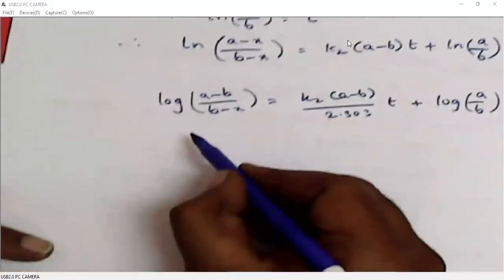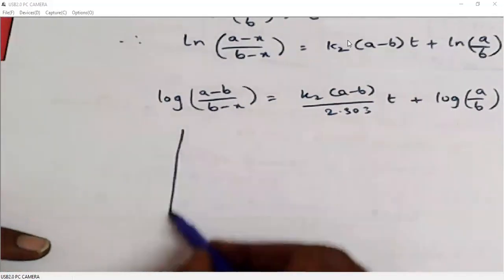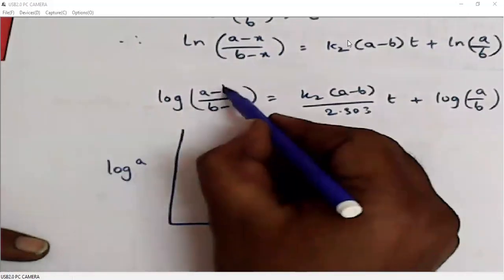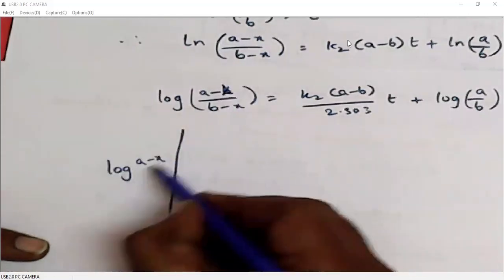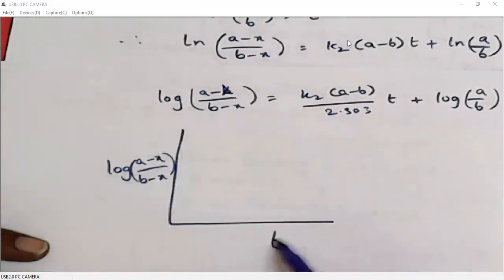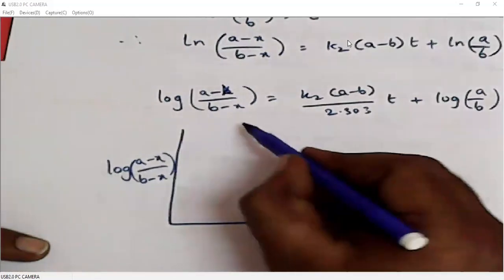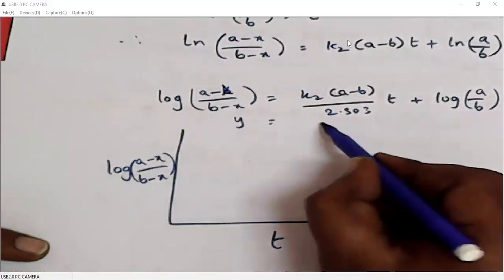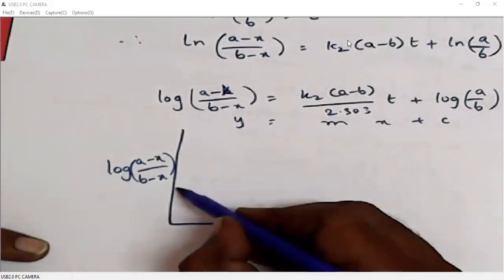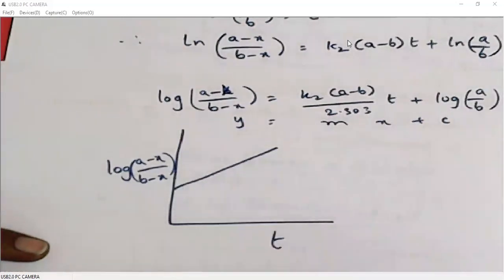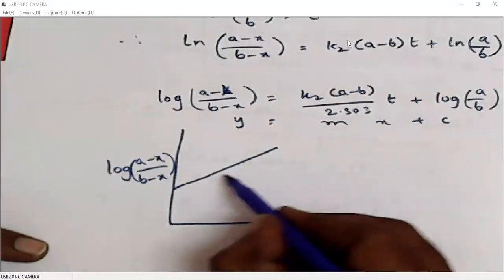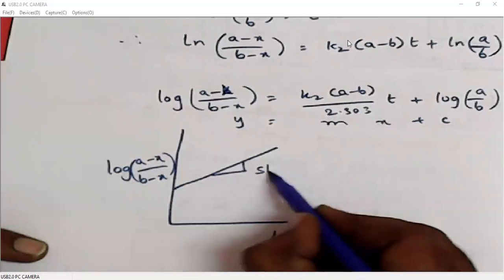Now, how do we draw a graph? We will draw a graph of logarithm of (a minus x) by (b minus x) versus t. This is in terms of y is equal to mx plus c, so this graph will result in a straight line with a positive slope.